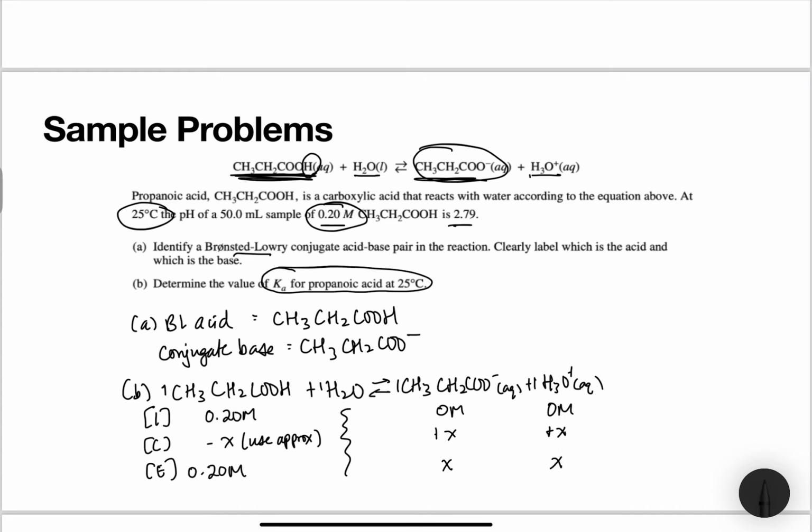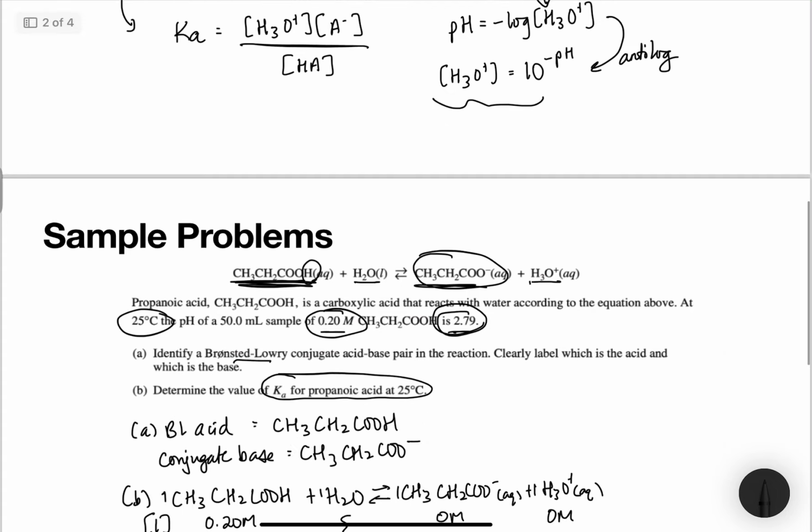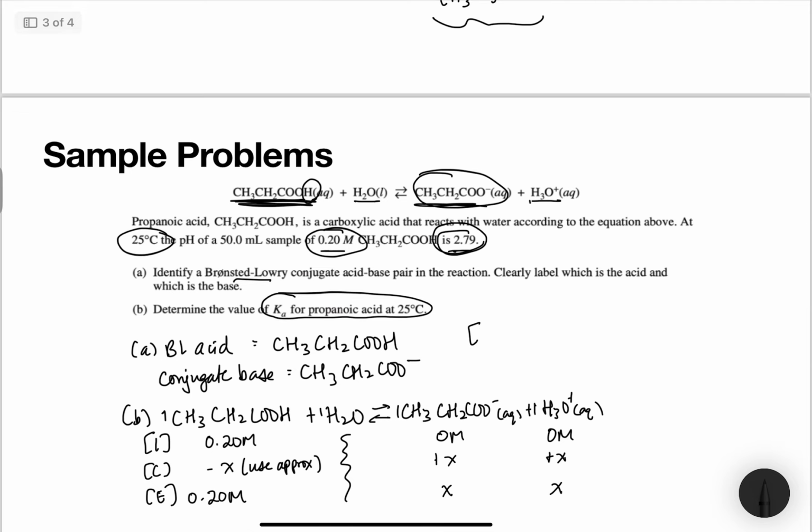Now, I have some information that will help me figure out my X value, and that's this pH. Do you remember how I showed you guys up here that if I'm given the pH, I can convert that to hydronium using the anti-log formula? So let's do a little work on the side here. The H3O concentration is 10 to the power of negative pH, which is negative 2.79.